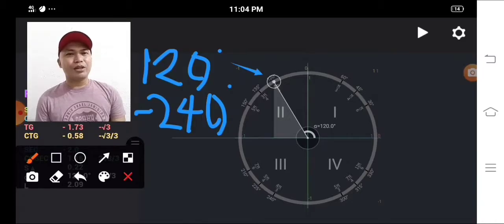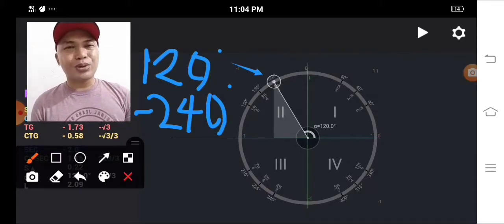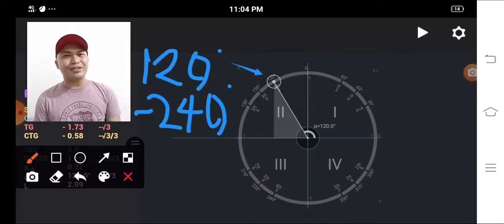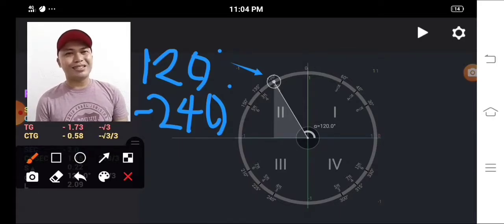Negative 240 plus negative 360, that is negative 600. So negative 600 is another coterminal angle of 840 degrees.